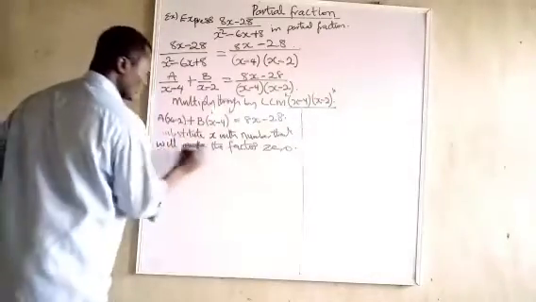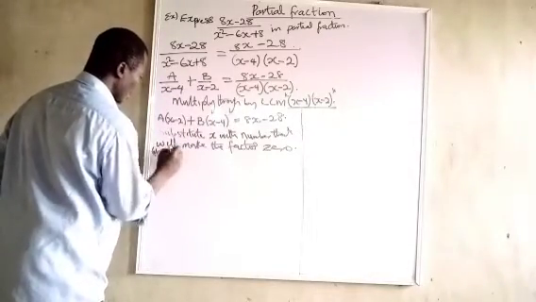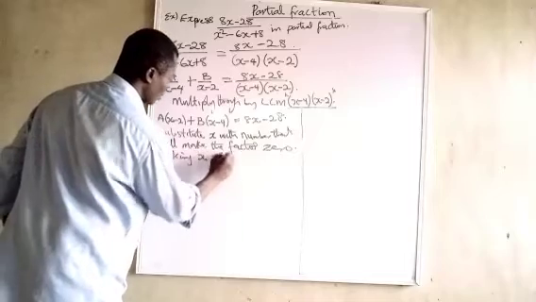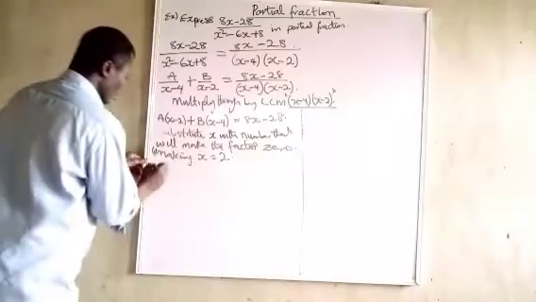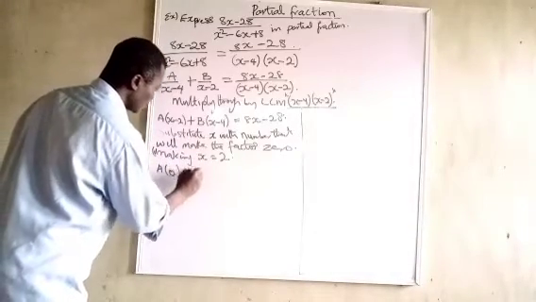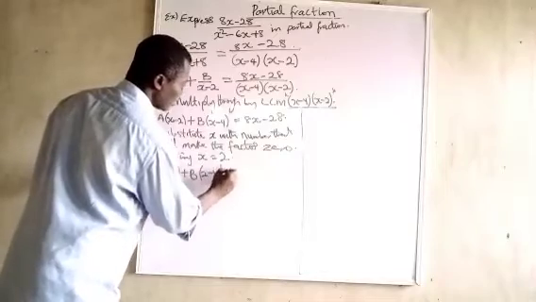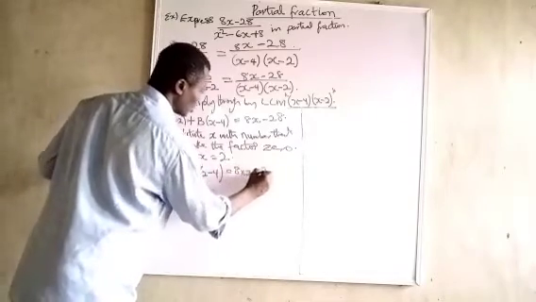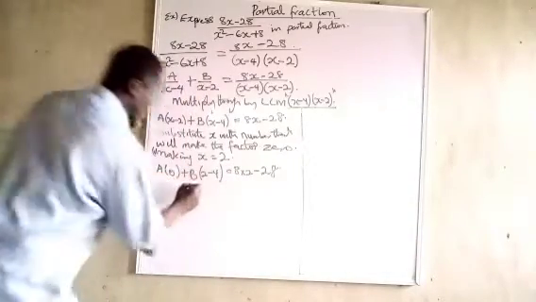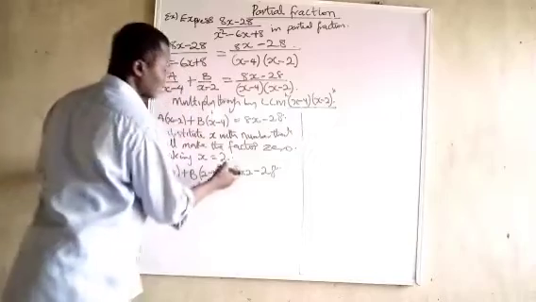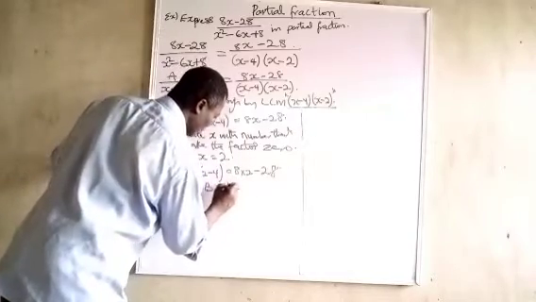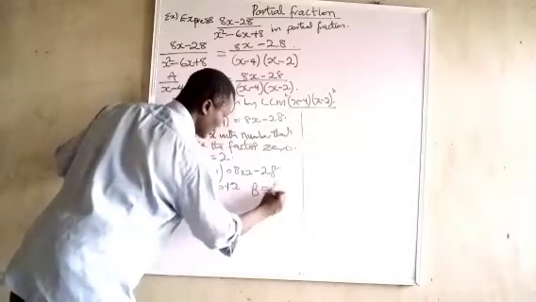Let's see. Making x equal to 2, the equation will become a into 0 plus b into 2 minus 4 equals 8 times 2 minus 28. So what does this give me? Minus 2b, and this is 16 minus 28, that is minus 12. So b is equal to 6.